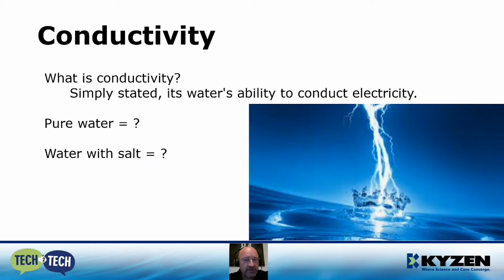Pure water, the answer would be no. There's nothing that conducts that electricity from the anode to the cathode. Now, if we solubilize salt into that water, we now have a conductive agent in the water, which allows current to run from anode to cathode. Thus, we can take a measurement.